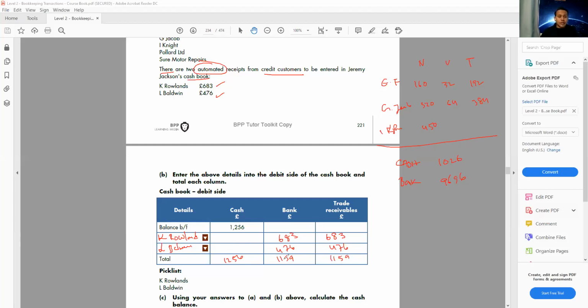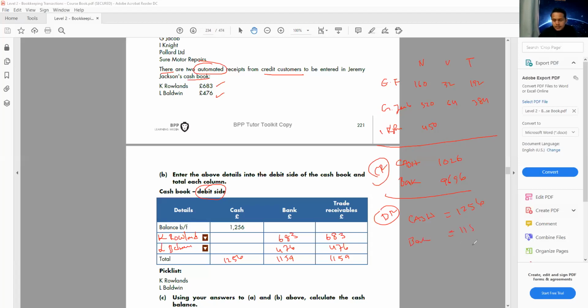That's our cash book debit side. This is the money we have received, and this is the money we have paid. That was the credit side. And now the debit side: cash is 1256, and the bank is 1159.